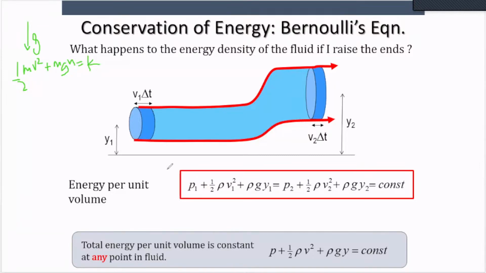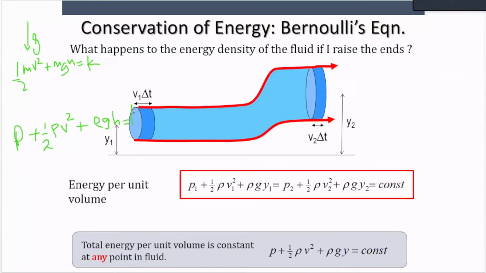The pressure value here, pressure plus the kinetic energy of this fluid, this is half. Now we don't have a mass, we use rho. Half rho v squared plus rho g h, it's a potential, is constant.